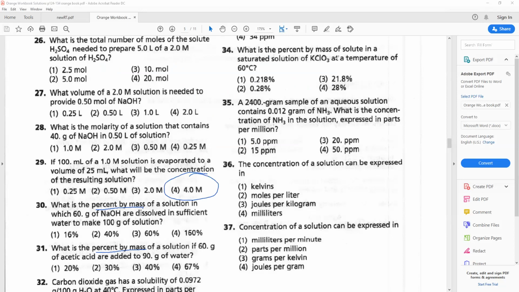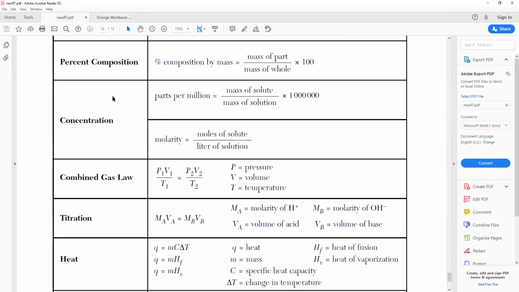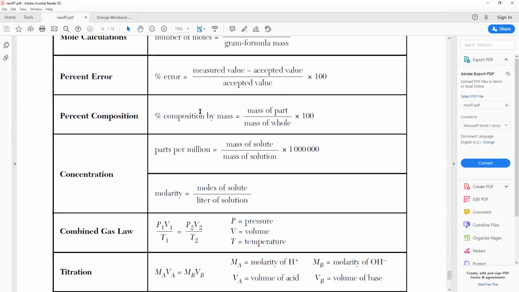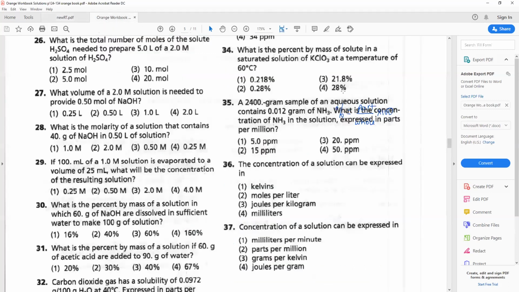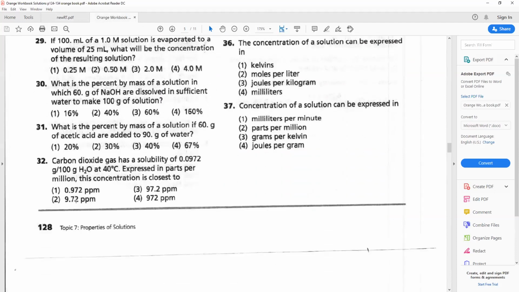We're going to go to our reference table and write percent by mass equals part over whole times 100. So let's go to question number 30.